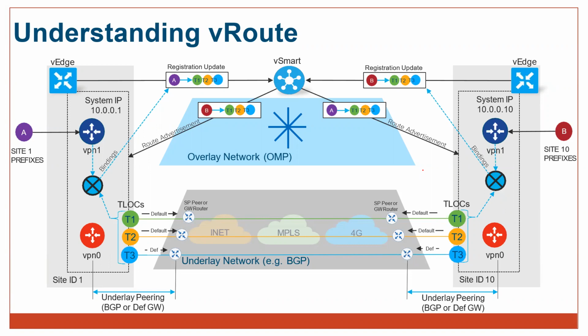Although we will learn OMP in the next class, today we'll try to understand TLOC: what it is, how it is working, etc. As I told you, TLOC is the next hop type of attribute, like the BGP next hop. How is it? Try to understand this diagram. Now let's focus on this particular diagram.